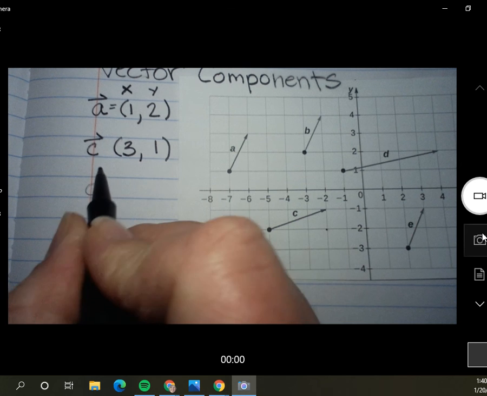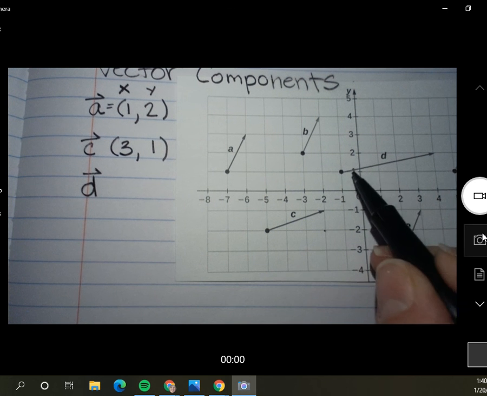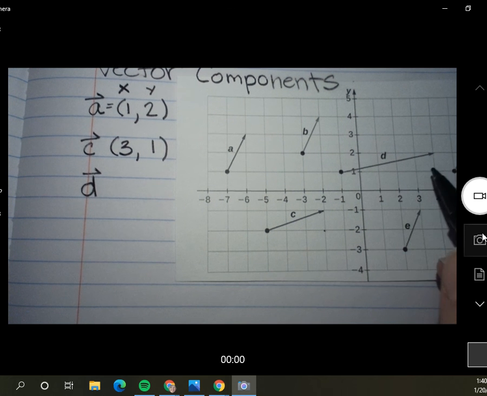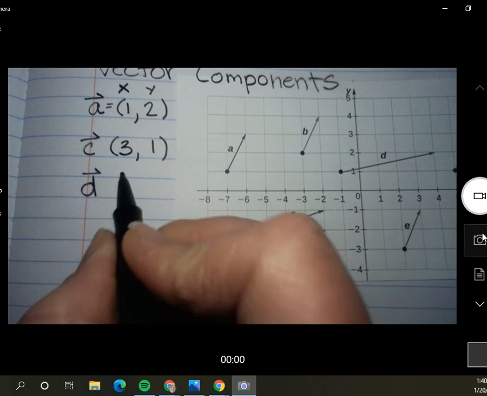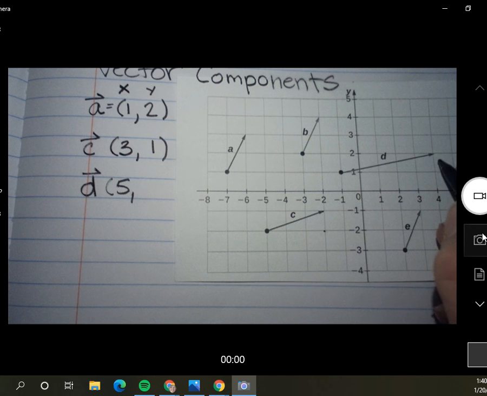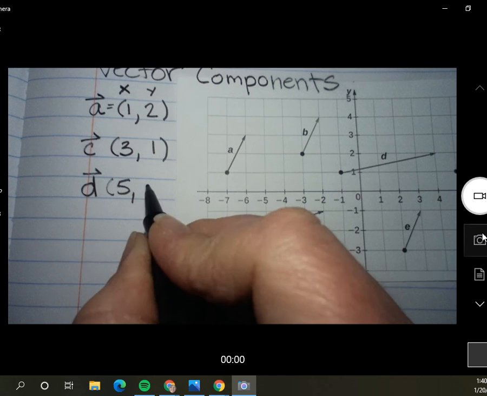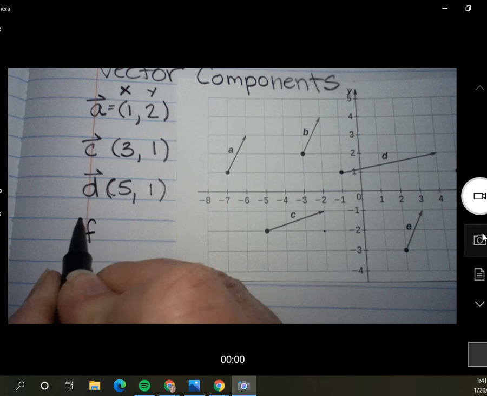But let's look at D, since it is different. What is the x component of the D vector? 1, 2, 3, 4, 5, right? And what is the y component of the D vector? Just 1. All right, we'll go ahead and do F since it's the last one that's different.